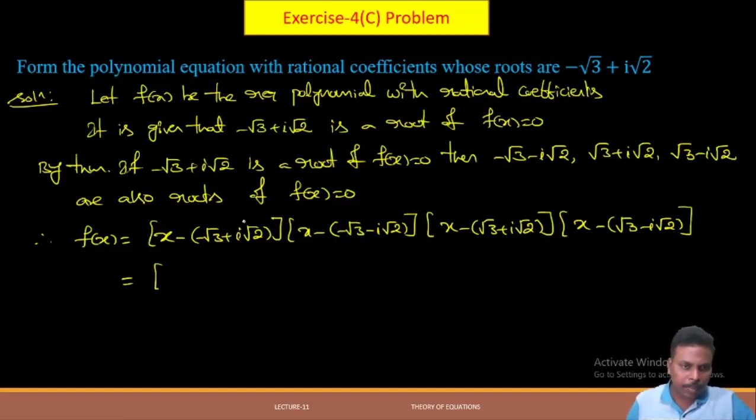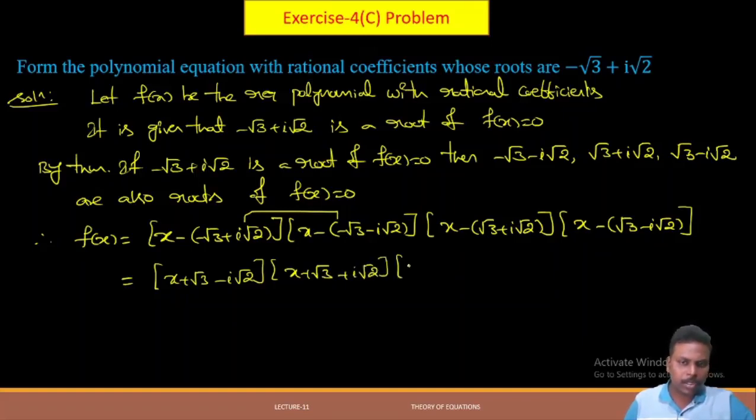So let me multiply these two. This becomes x plus root 3 minus i root 2 into x plus root 3 plus i root 2, and this is x minus root 3 minus i root 2 into x minus root 3 plus i root 2.